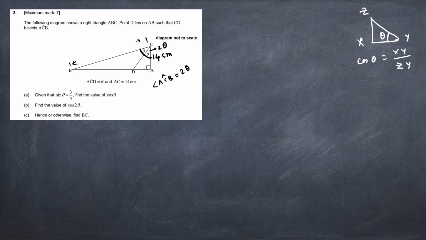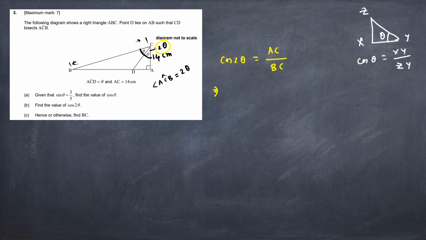The angle and the two related sides will be in the equation. So for this particular problem, we will find cos 2 theta because this particular angle is now 2 theta. So cos 2 theta is equal to, here the base is AC and the hypotenuse is BC.